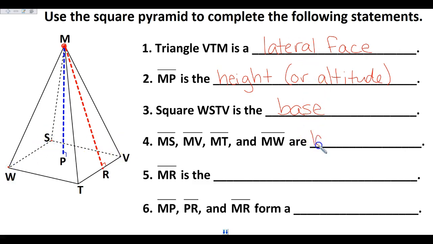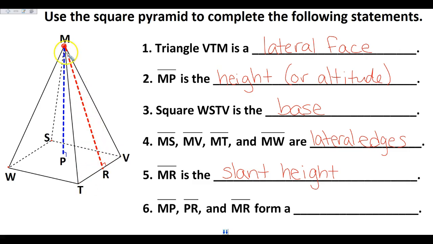Those are lateral edges. MR, so from M, perpendicular to a base edge, that is your slant height. So it is the height of the lateral face.